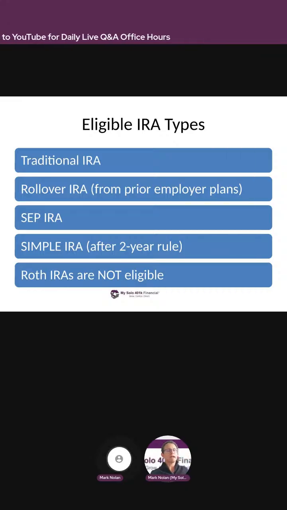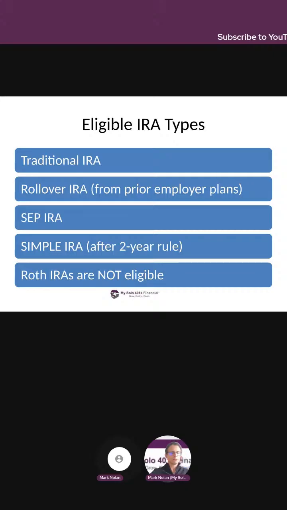But you can never transfer the basis in a non-deductible IRA to the Solo 401k, but you can certainly transfer the gains in that non-deductible IRA to the pre-tax Solo 401k. But don't confuse that with the Roth IRA. A Roth IRA, whether principal or gains, can never be transferred to a Solo 401k, at least under the current regulations.